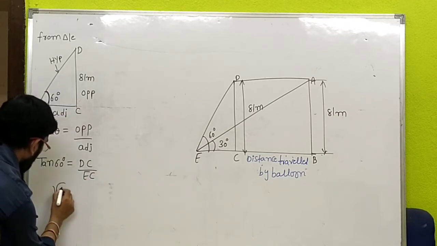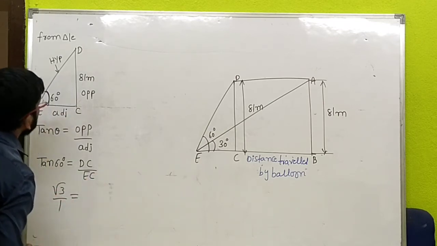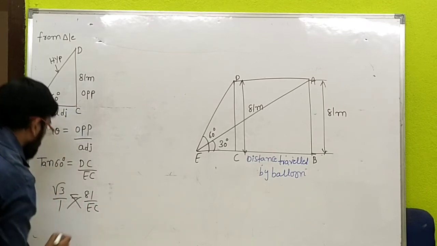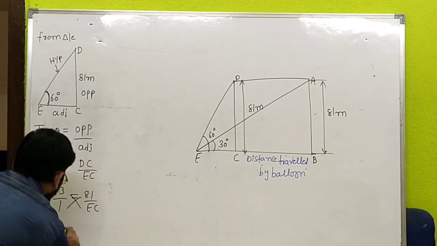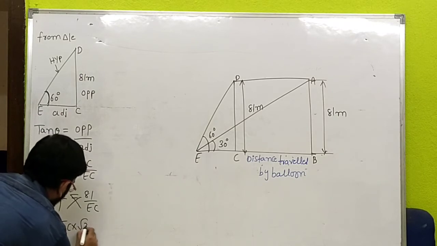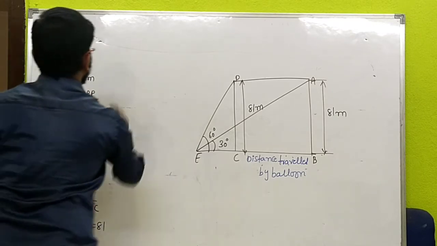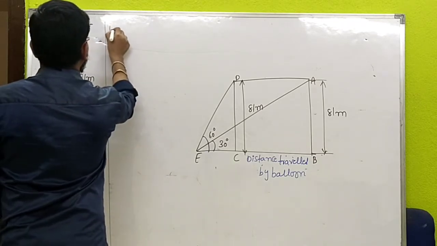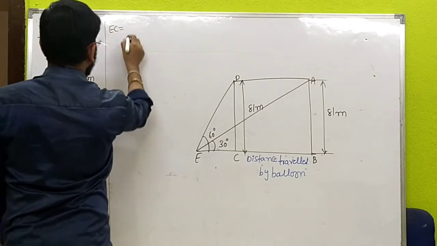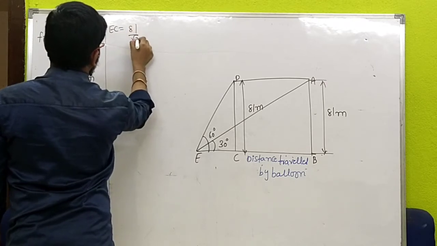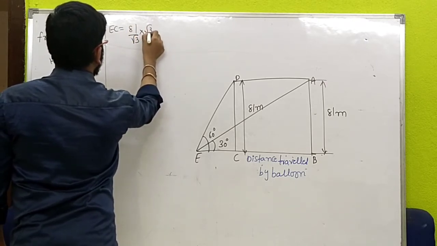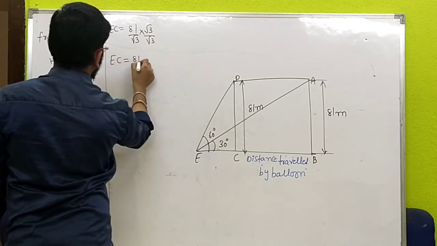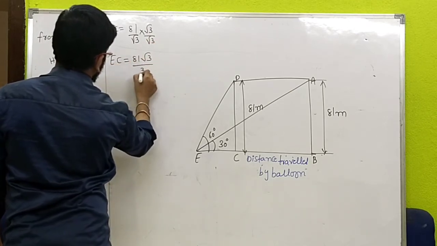Tan 60 equals root 3 by 1 equals 81 by EC. Cross multiplication: EC into root 3 equals 81. Then EC equals 81 by root 3. Multiplying to rationalize, EC equals 81 root 3 by 3.